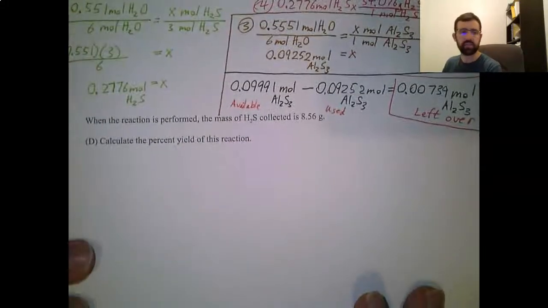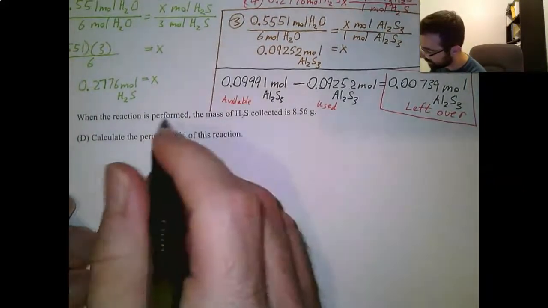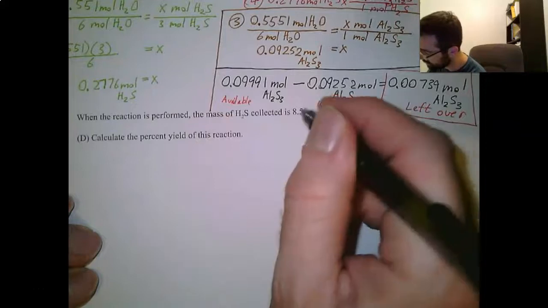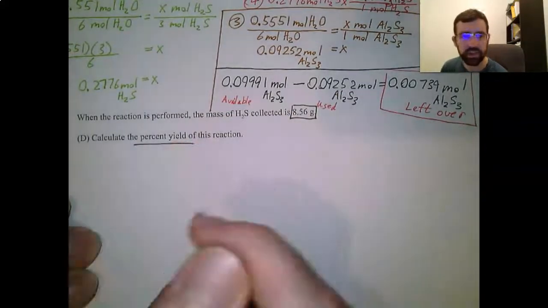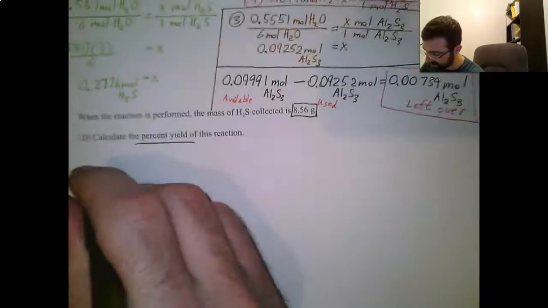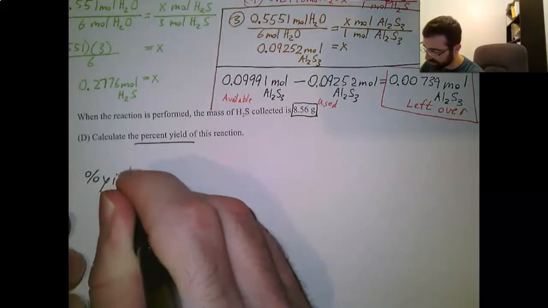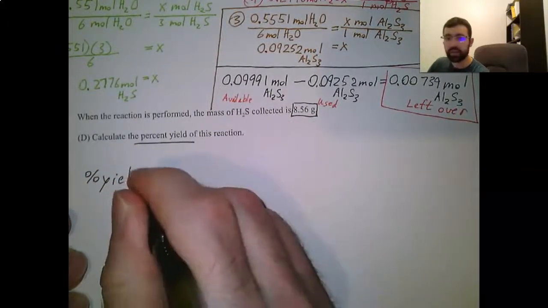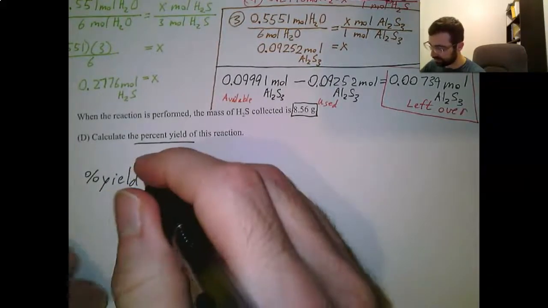When the reaction is performed, the mass of H2S collected is this, 8.56 grams. Calculate the percent yield. This is not hard. It's pretty straightforward. You just got to make sure you keep your vocab straight. Percent yield equals actual over theoretical times 100.